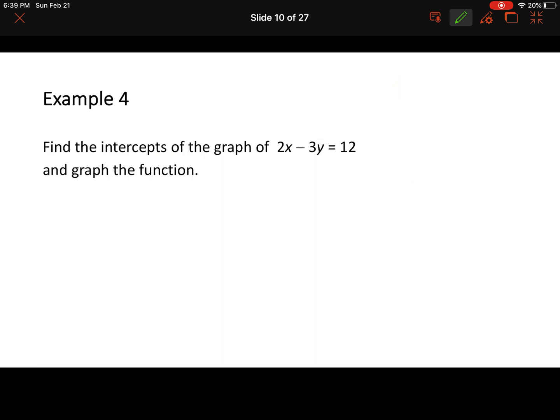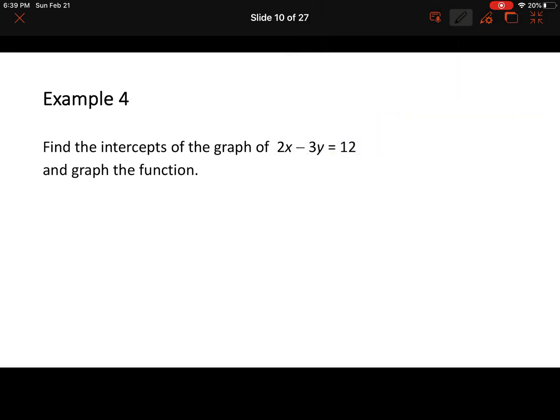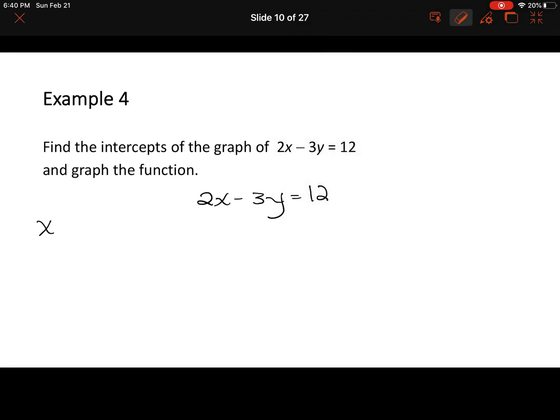Says find the intercepts of the graph of 2x minus 3y equals 12. All right. Now remember, whenever you find the x-intercept, what is the value of y?